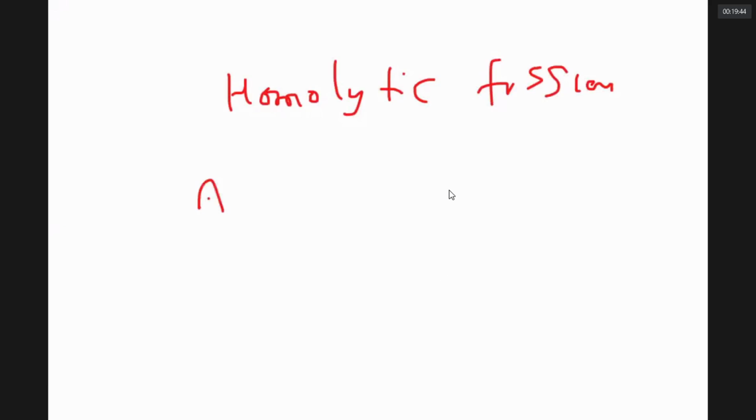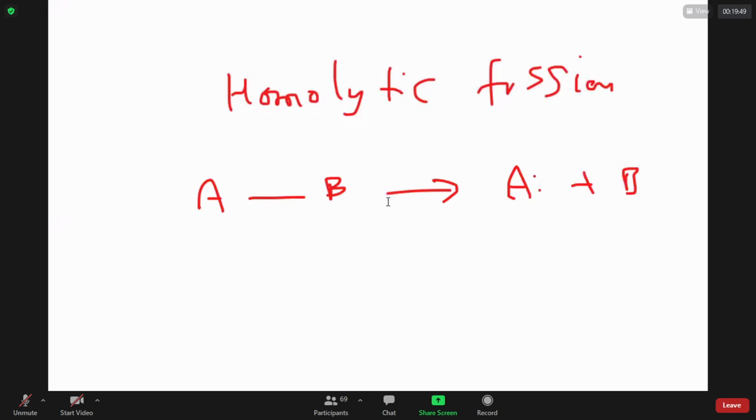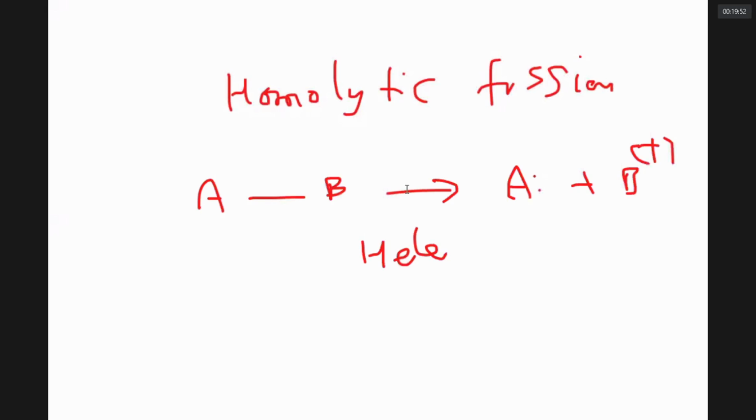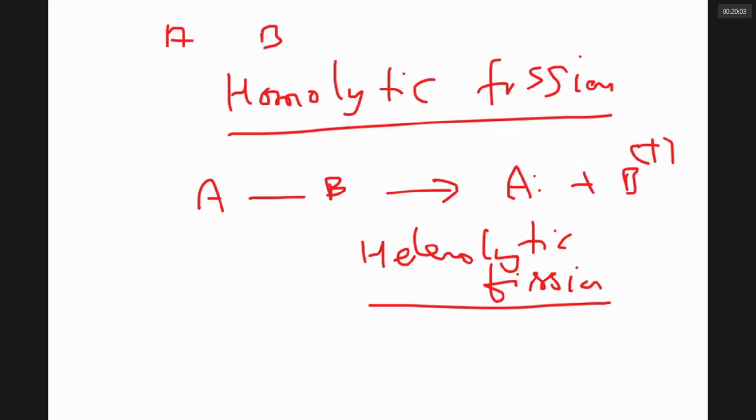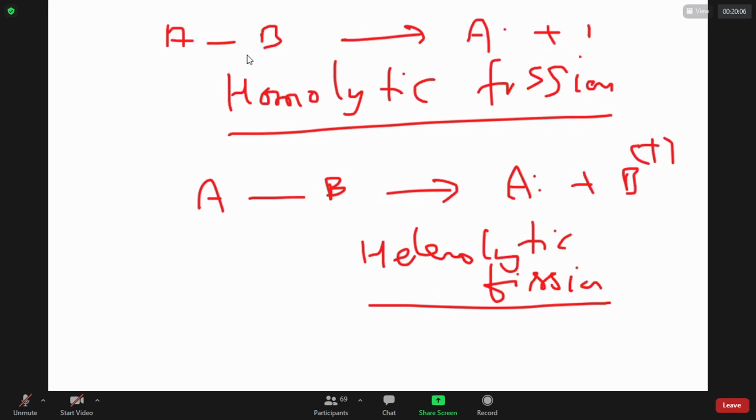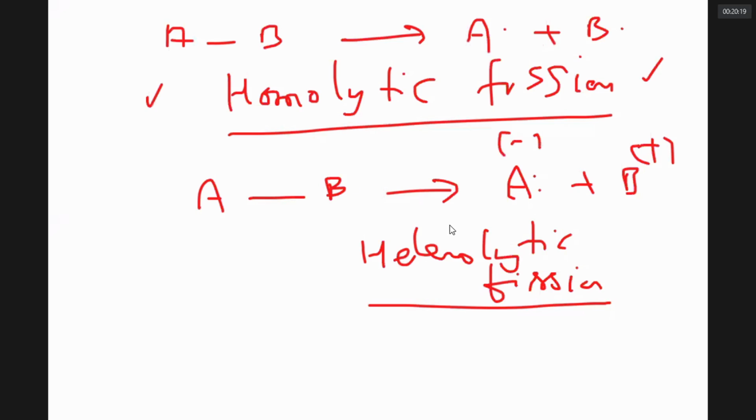If the bond is breaking such that one atom gets both the electrons and the other atom does not get anything, it is called heterolytic fission. So a covalent bond can break homolytically or heterolytically. In homolytic fission, you get free radicals. Anything that has an unpaired electron is a free radical. Homolytic fission gives free radicals. Heterolytic fission gives positive and negative ions. Okay, it is difficult to break a bond heterolytically.